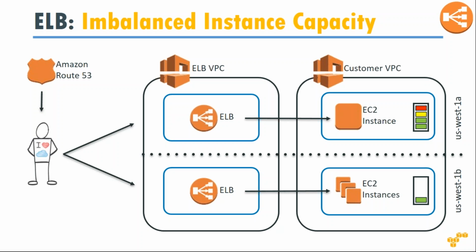So what happens is your load is not equally distributed. As you can see, Amazon knows that you have a bigger instance configured and it tries to send more data to that instance.